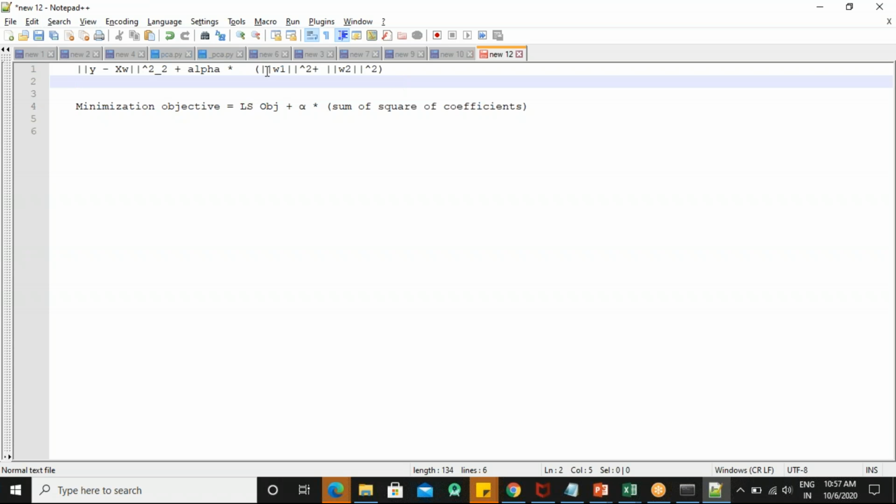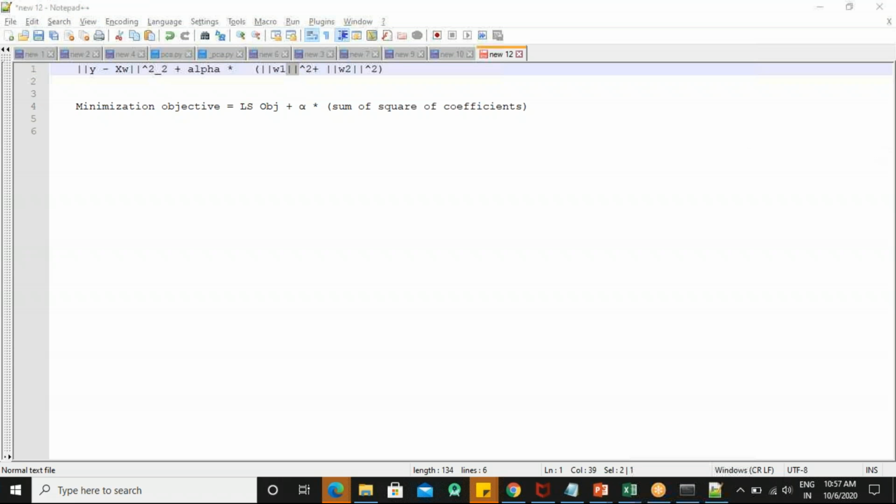But now the question is, this double symbol, the double pipe operator here and here, what does it mean? Does anyone know this, especially those from a mathematical background?